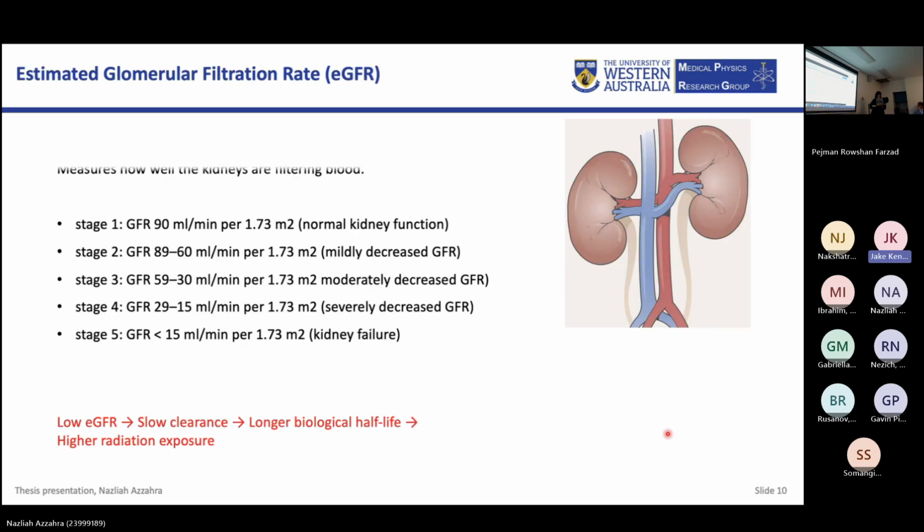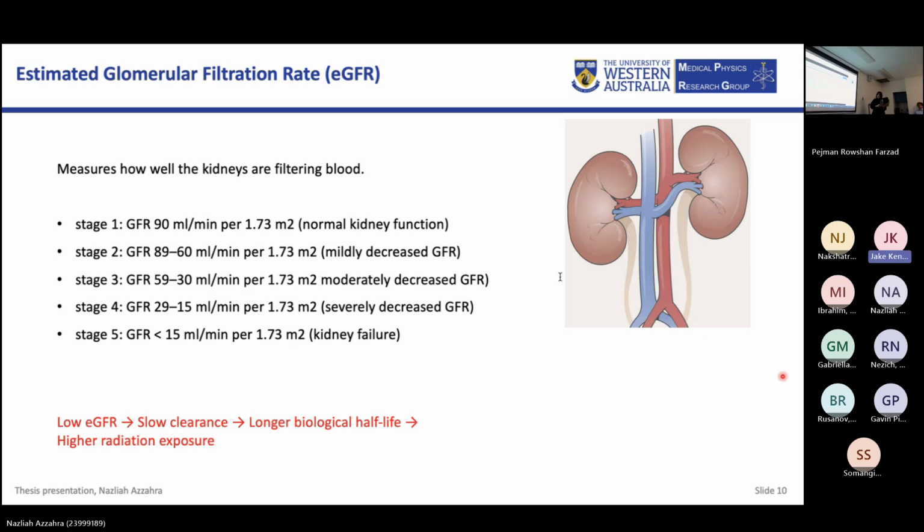And the normal value for eGFR is above 90, and when eGFR drops below this, this indicates that the kidney may be impaired or damaged.